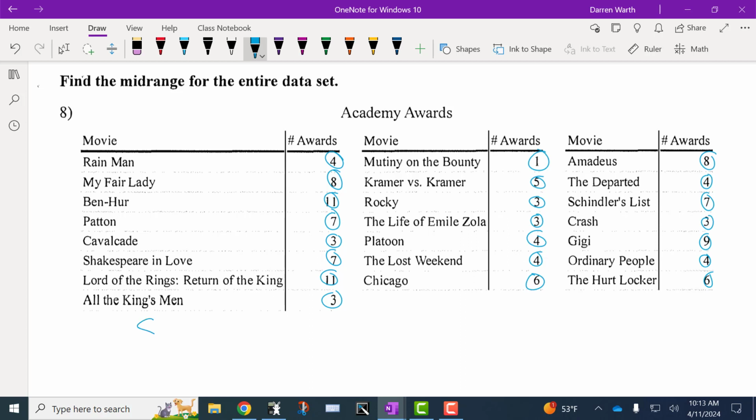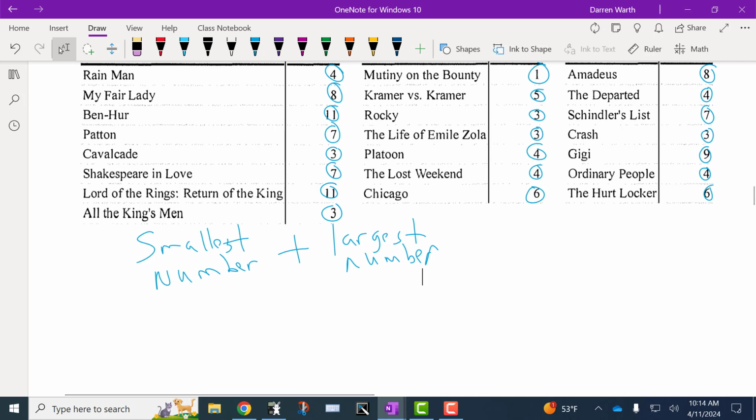You're just going to take the smallest number, and we're going to add the largest number. And then when I'm done doing all that, I'm going to take that and divide it by 2.